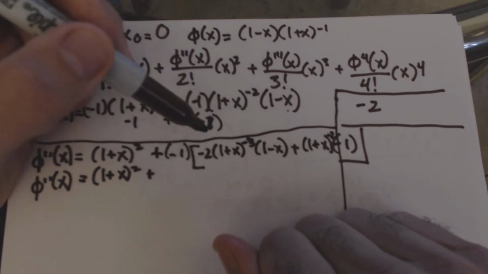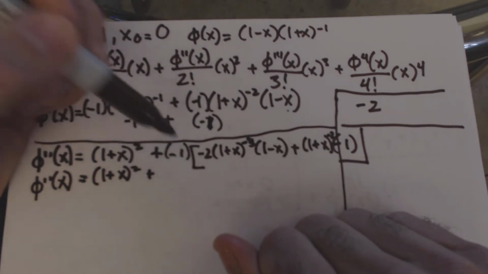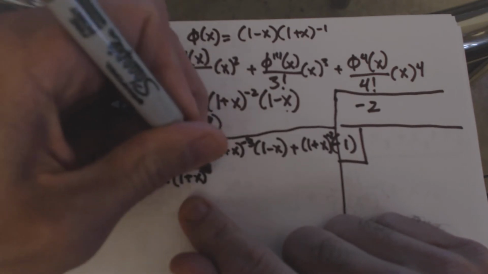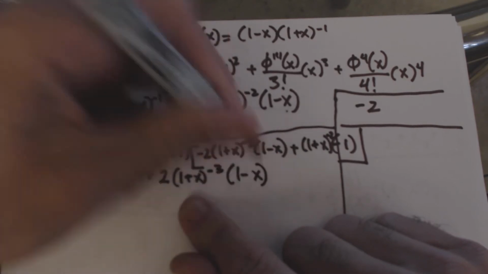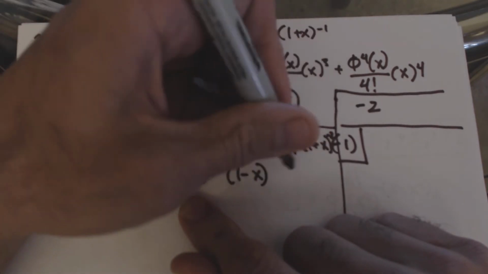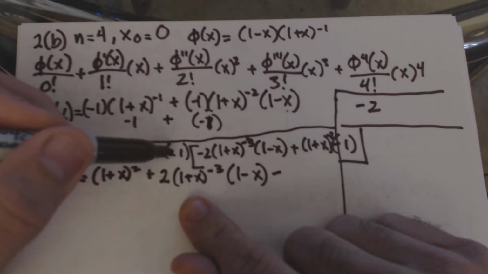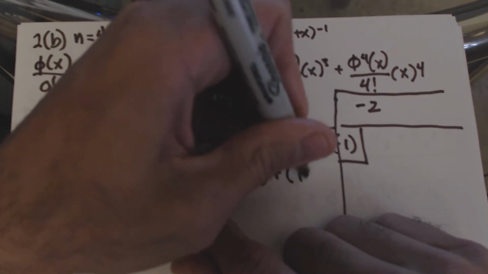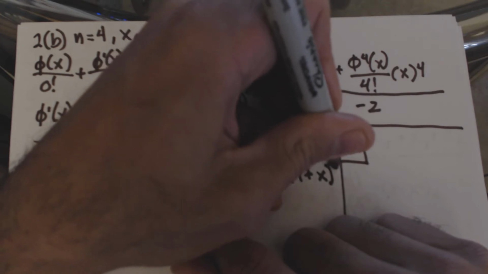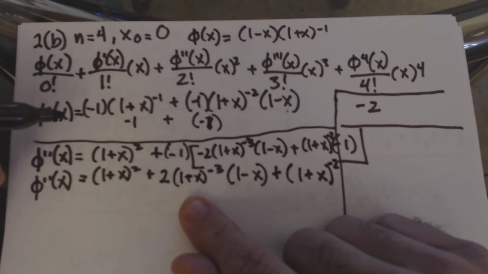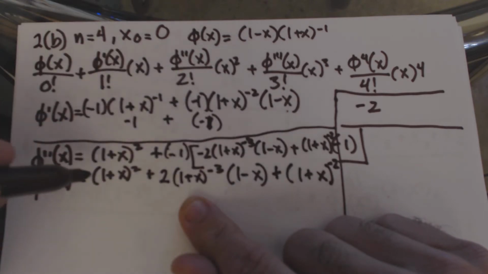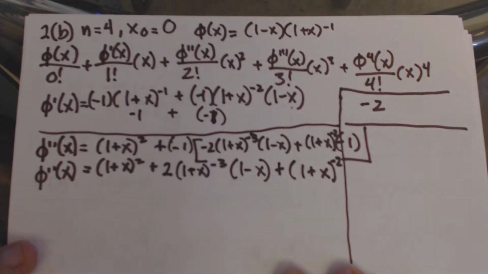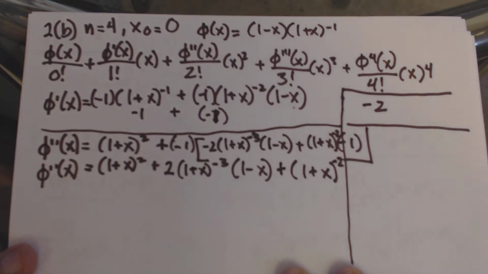Times negative 1 times negative 2 is 2 times 1 plus x raised to the power of negative 3 times 1 minus x, plus negative 1, so it's minus, but then we multiply this negative 1 times this negative 1, so the negatives become a positive, times 1 plus x raised to the power of negative 2. So now we have 3 terms that we're going to have to take a derivative of. It's getting long and messy, but that's what math is about sometimes. It's about being long and messy.